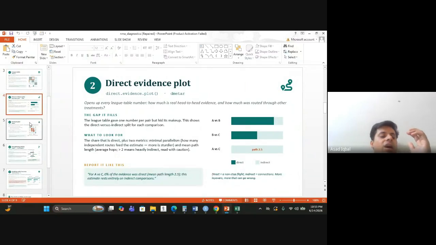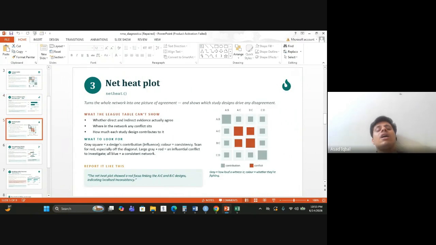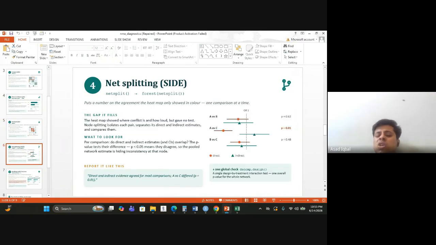After that you need to interpret whether you have inconsistency, I mean heterogeneity among studies or not. For assessment of heterogeneity you need two things: net heat plots or node splitting. Node splitting, as I said to you.